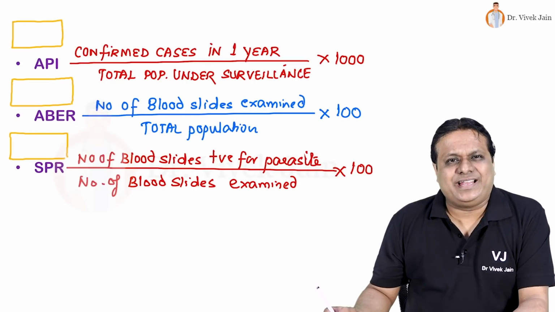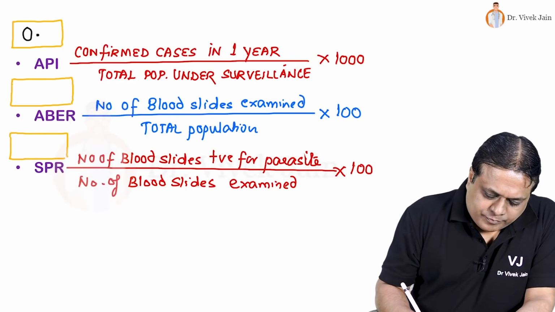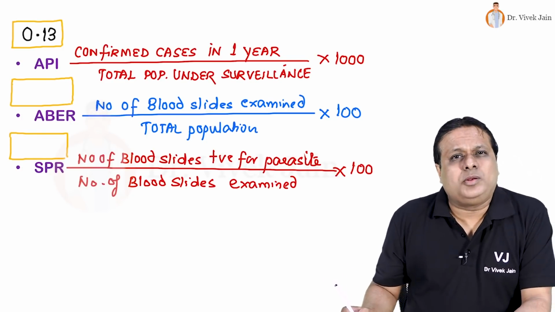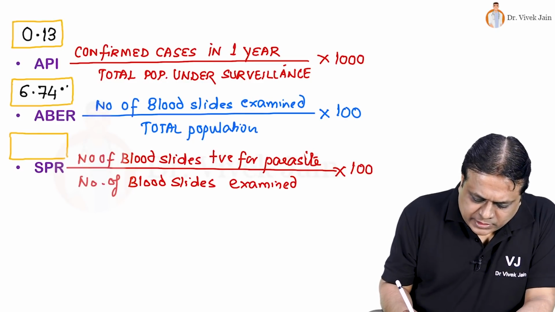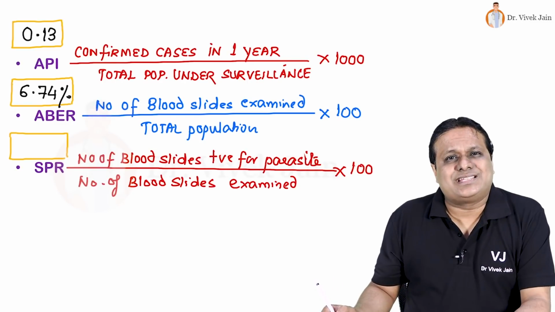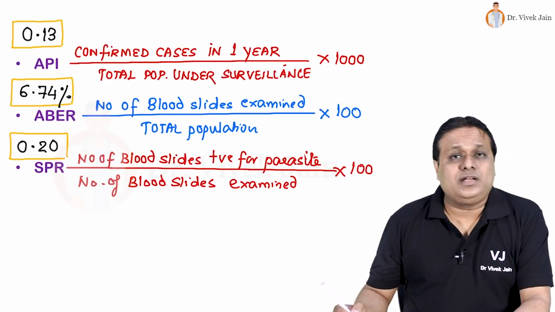When we look at latest values from the National Vector-Borne Disease Control Program, annual parasitic incidence for India currently is 0.13. Annual blood examination rate is 6.74% and slide positivity rate is 0.20.